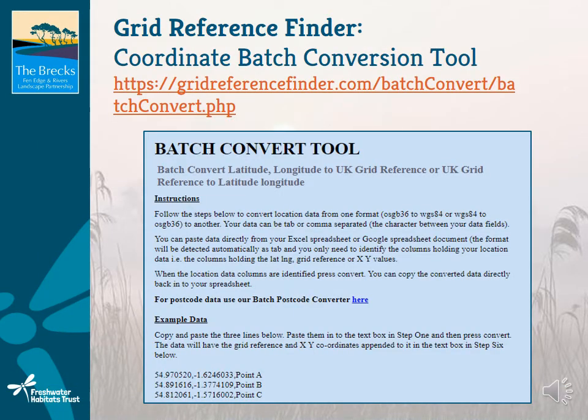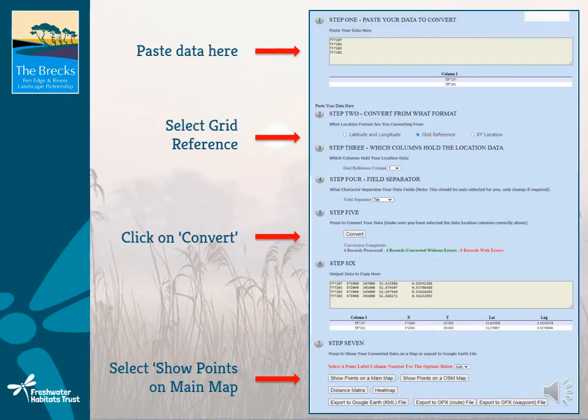The other thing you can do with Grid Reference Finder, there is a coordinate batch conversion tool, which if you go onto the home page for the Grid Reference Finder and scroll down, there is a link to at the bottom, but here is another link. Basically with this, if you've got your group of say 6 or so grid squares, you can pop these into the batch conversion tool and add them all at once, so you don't have to do them individually. You can see here it's fairly easy.